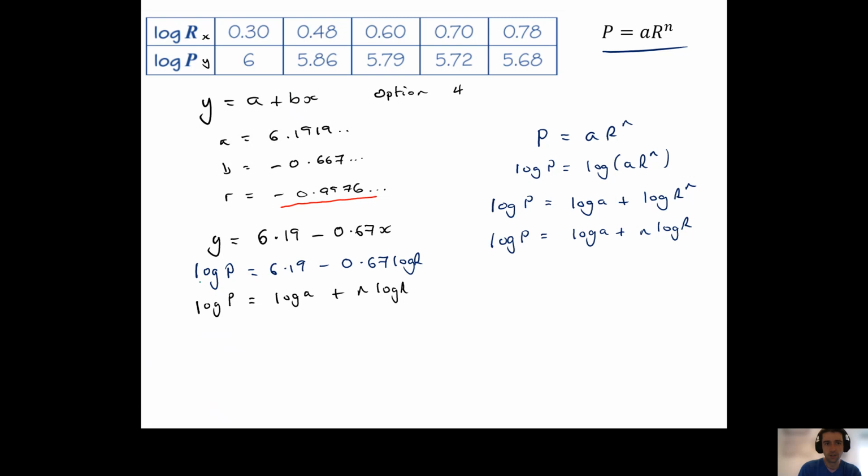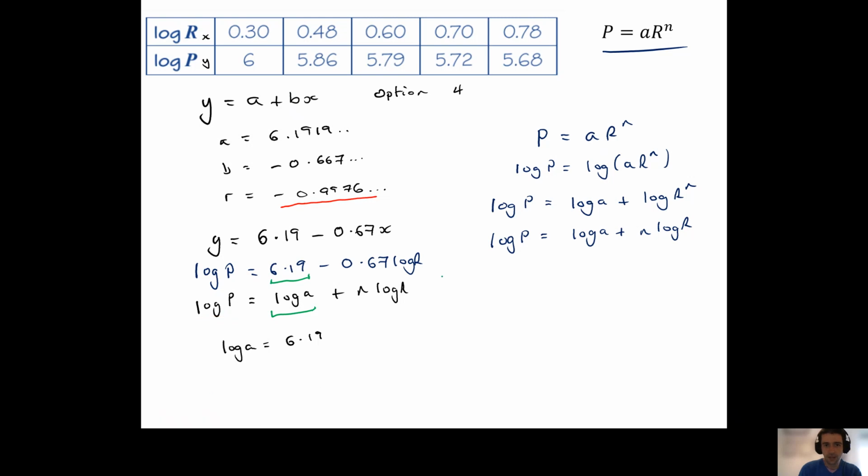And what that allows me to do is to compare what I've got in the equation that I found for the regression line with the general form in logarithms of this equation, p equals a r to the power of n. So what I can see is I've got log p for both. I've then got 6.19 and log a. So what I can conclude from that is that log a is equal to 6.19.